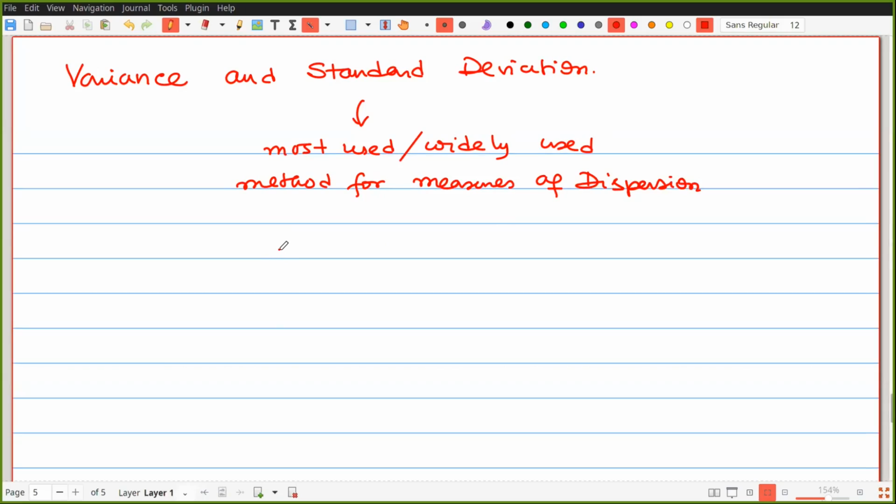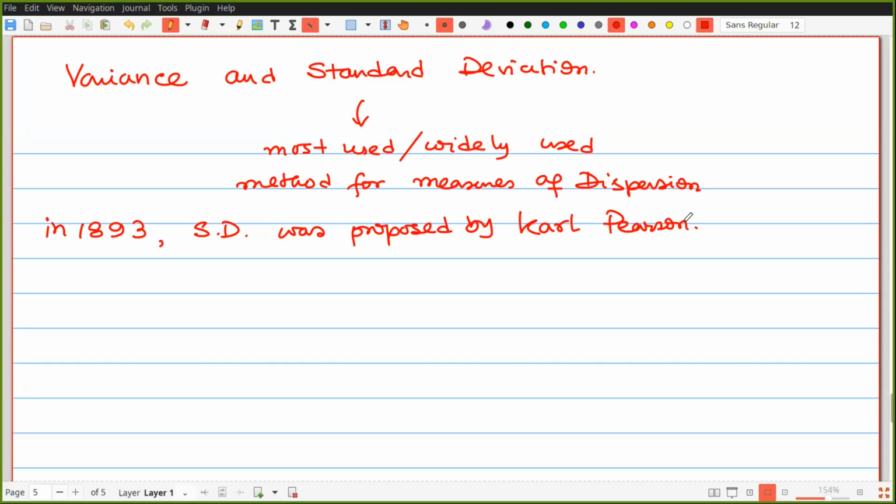Now, in 1893, that standard deviation term was first proposed by Karl Pearson.